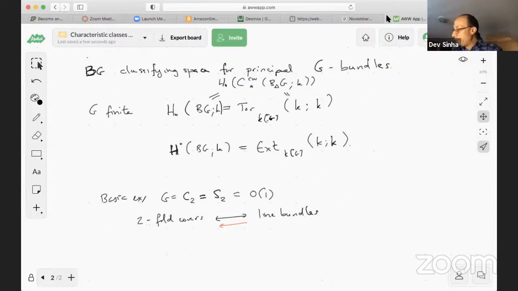And for all of these, BG is RP infinity, and so the group cohomology, at the prime 2, is just a polynomial ring, and that's just this example that underlies a lot.